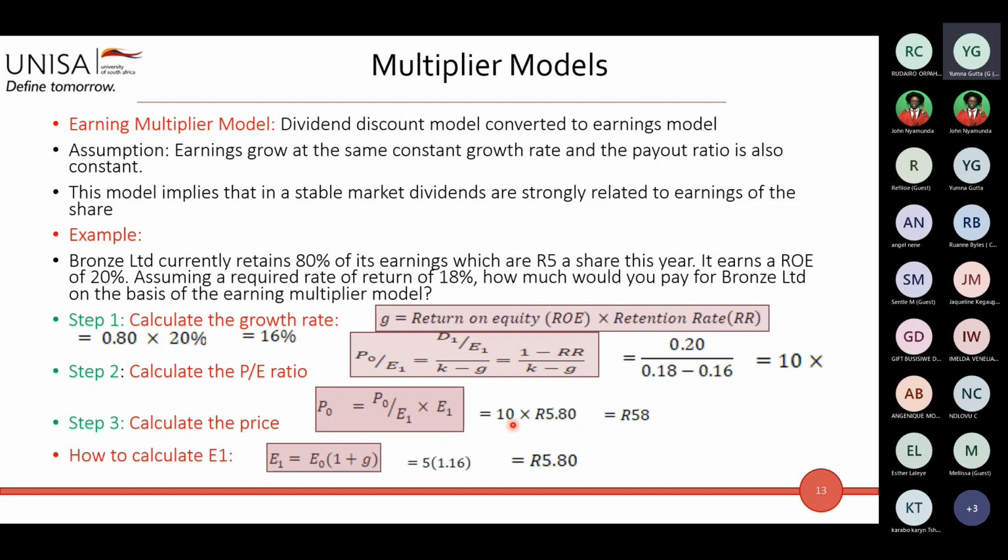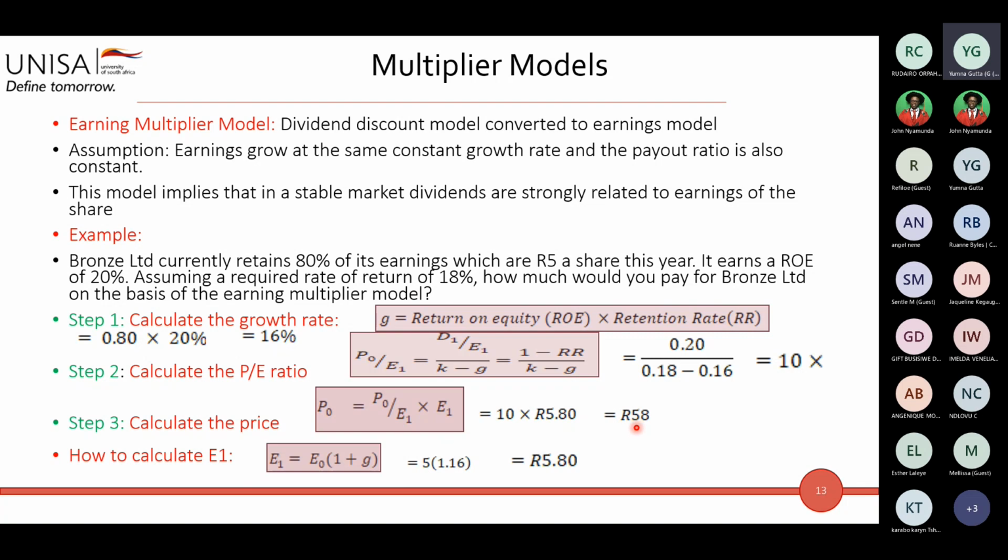So we take 5 Rand multiplied by our growth rate, which we calculated as 16%, and we get 5 Rand 80 as our earnings in year 1, right? So we say 10 times 5 Rand 80 gives us 58 Rand. So the price of the share is 58 Rand, right?